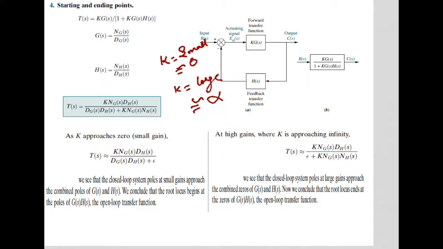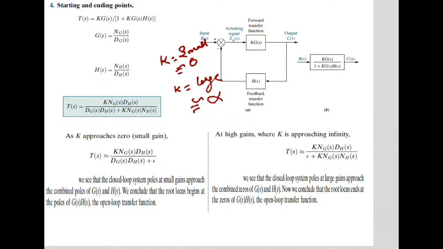Now let us consider the case in which k is large. For a large value of k, this term is negligible, so we are left with this term only. So we have N_G and N_H in this case, which are the zeros of G(s) and H(s).